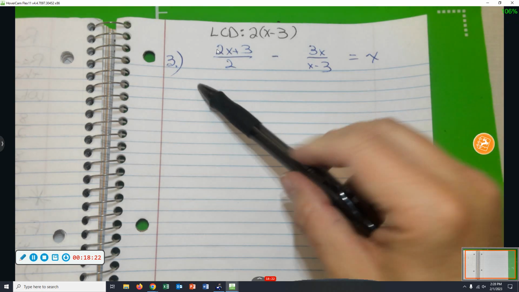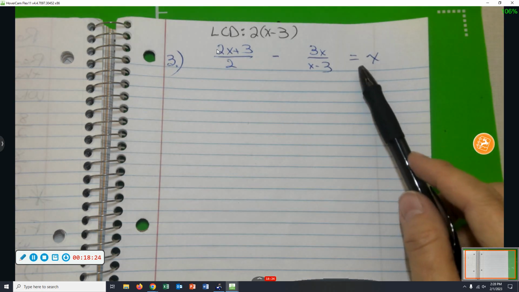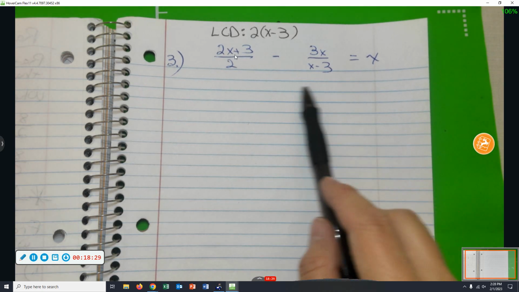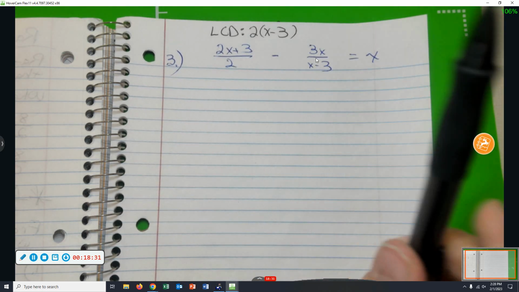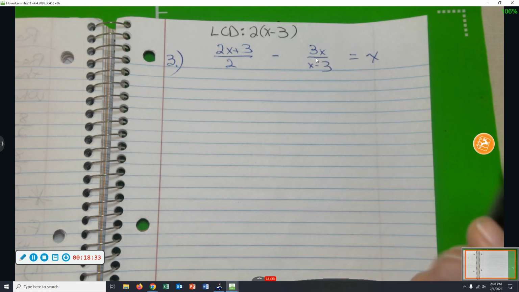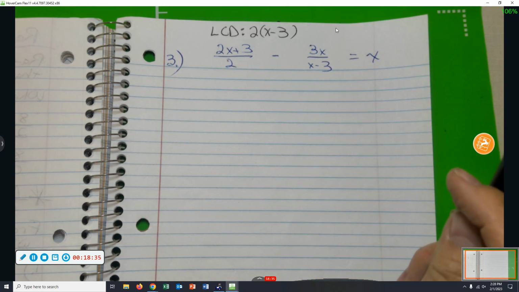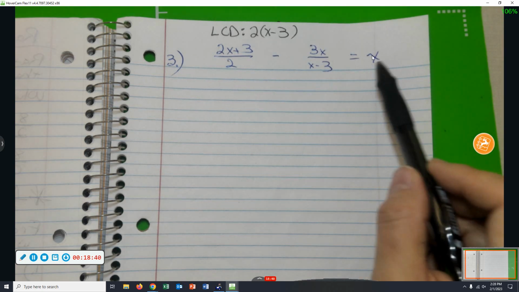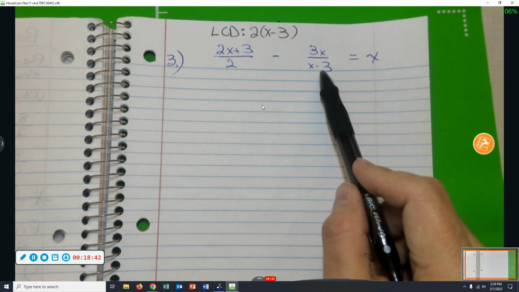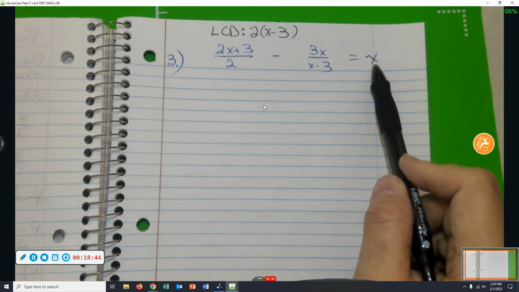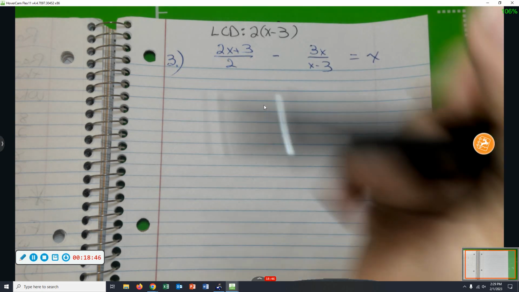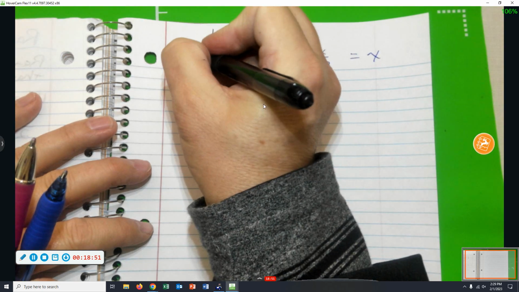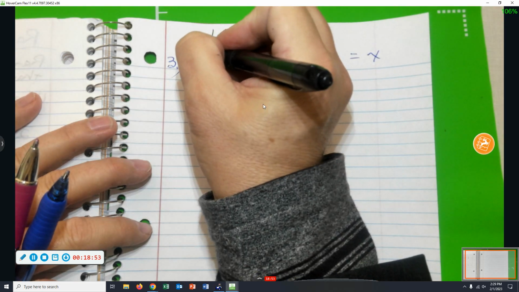I'm looking on the left side of the equal sign. How many distinct terms do I have here? 1 and 2. How many distinct terms do I have on the right side? 3. 1, 2, and then there's the third term on the right-hand side. We'll multiply through. We're going to be distributing the 2 times x minus 3.